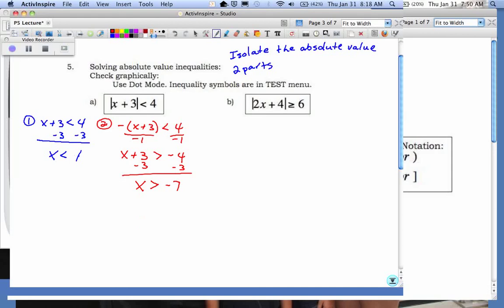So when we put this on a number line, -7 is over here, and 1 is over here. Can the dog or the kid be out in this area?